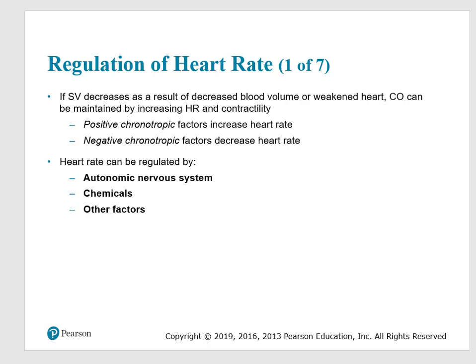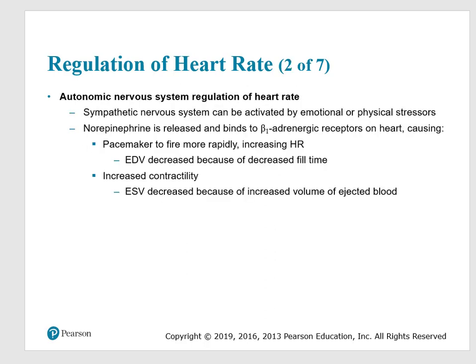Chemicals like calcium, sodium, potassium, epinephrine, norepinephrine, thyroxine, any number of chemicals can also affect the heart rate. Other factors like your age, your position, your height, everything affects it.